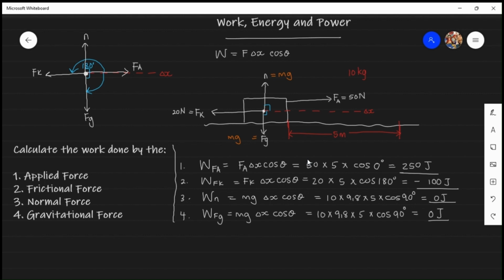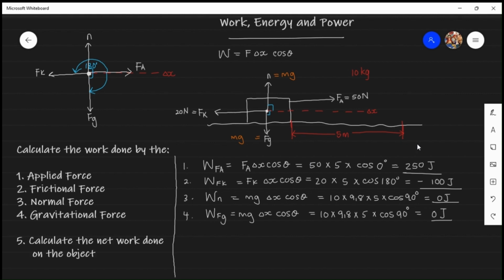And our theta value would represent the angle between our displacement and our F net value. So let's start with method 1.